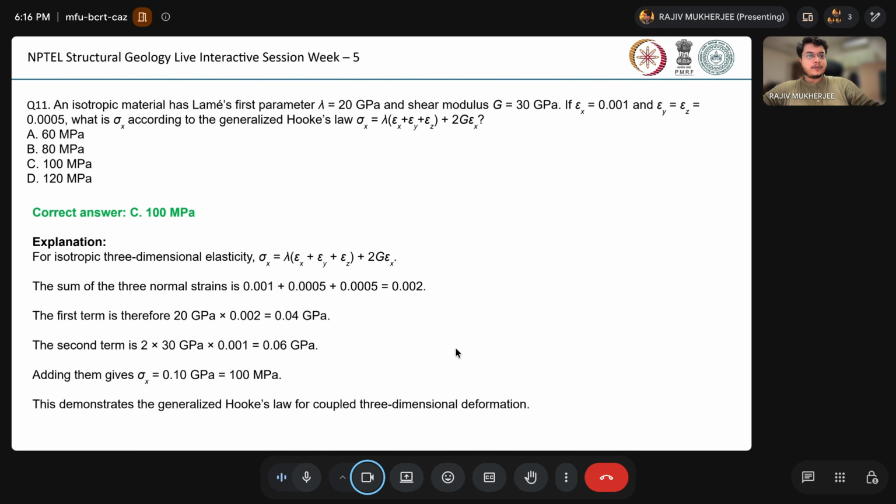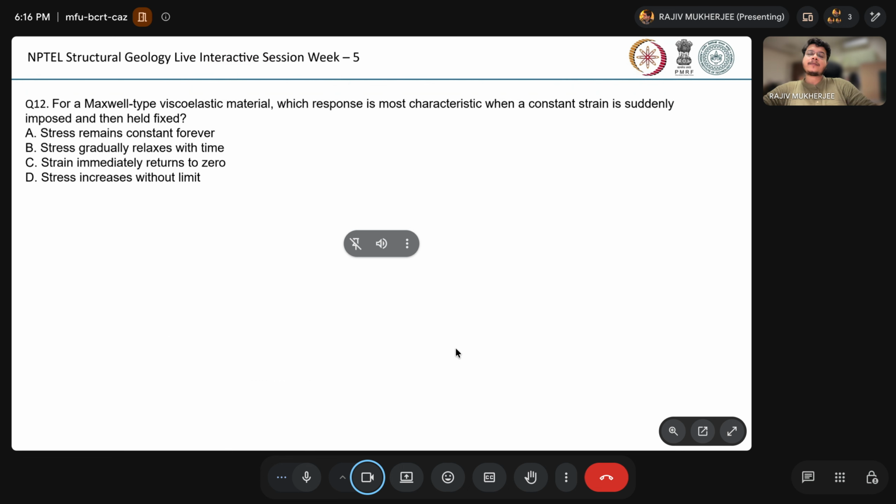Okay, so we shall move to the next question, question number 12. The question says, for a Maxwell type viscoelastic material, which response is most characteristic when a constant strain is suddenly imposed and then held fixed? Now think about it.